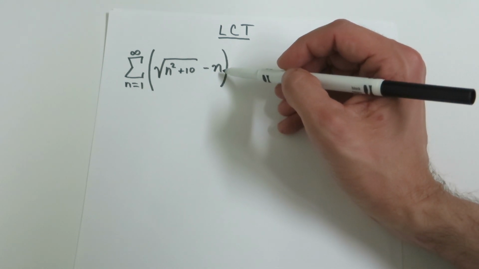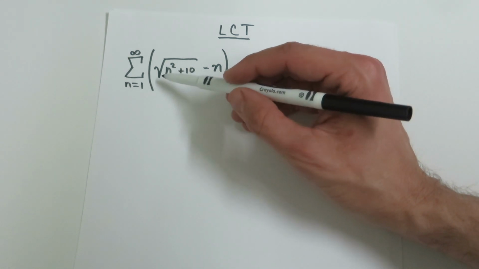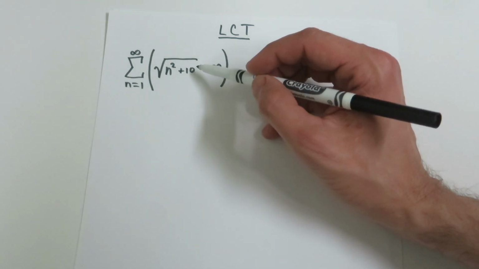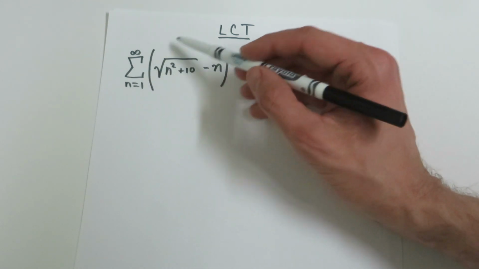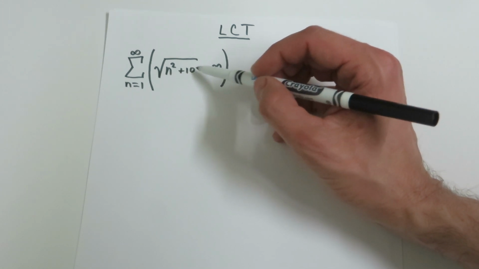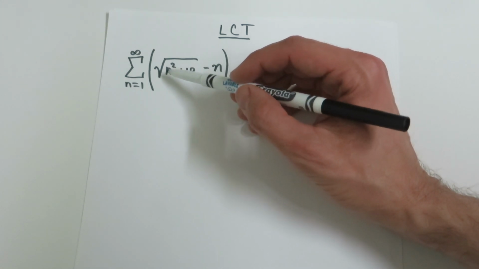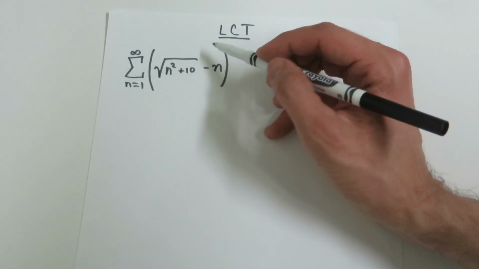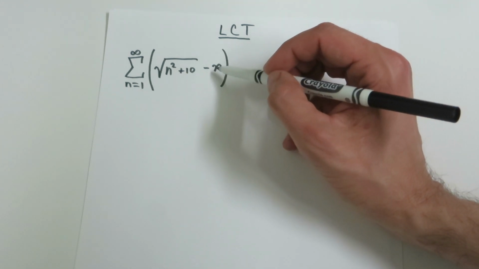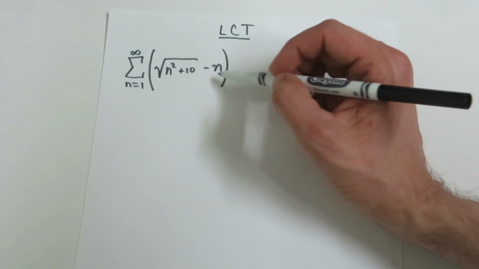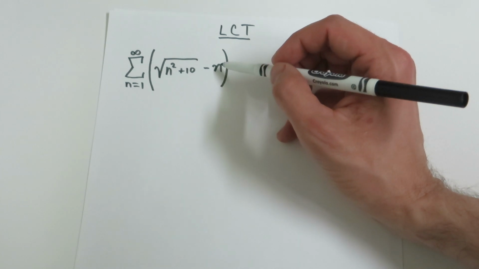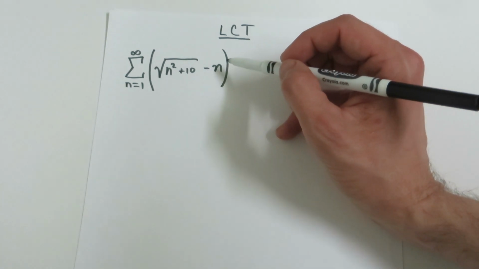Now, this looks a little bit curious here because we have n going to infinity, and you could argue that, oh well, as n goes closer and closer to infinity, this plus 10 here is not going to matter, and then root n squared is just going to go to n, and then n minus n, well, that just goes to 0, and you could see how maybe possibly it could converge because the limit of the expression does go to 0.